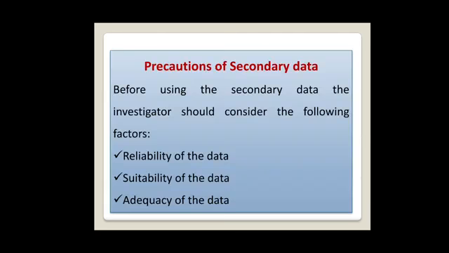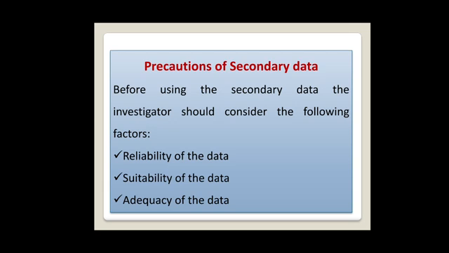Now, dear students, before using the secondary data, the investigator should consider some of the factors in mind. The secondary data should be used with great caution. It is usually very difficult to verify such data and to edit them to find out inconsistencies, probable errors, and omissions. Hence, the investigator, before using that type of data, should keep certain factors in mind, and the factors are firstly reliability of the data. That is, the data should be reliable.